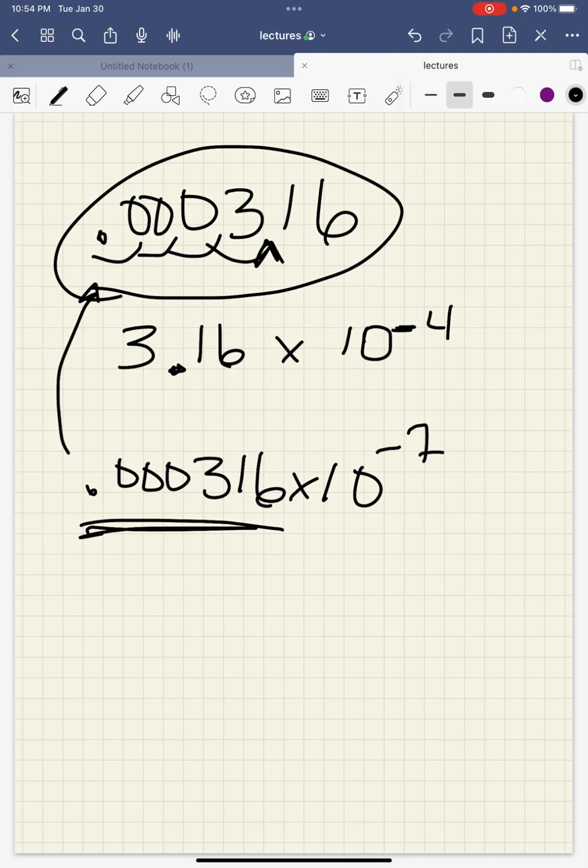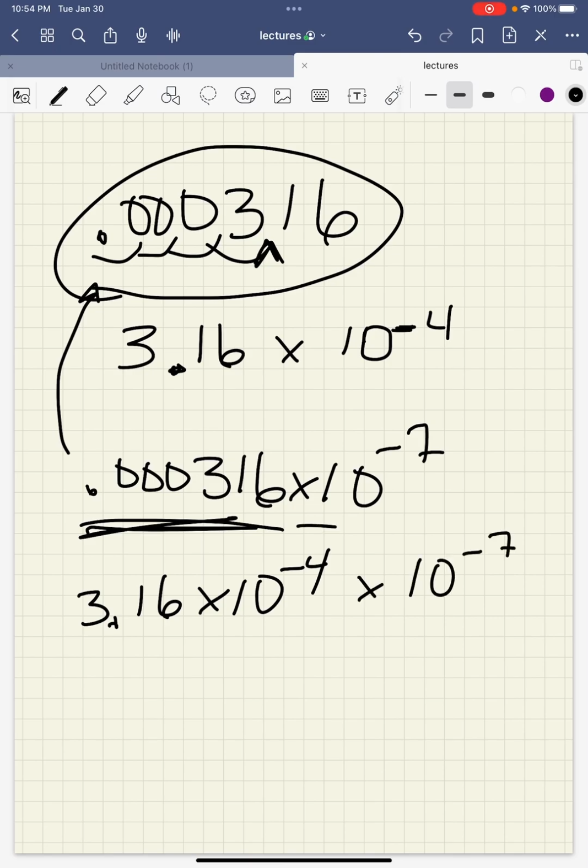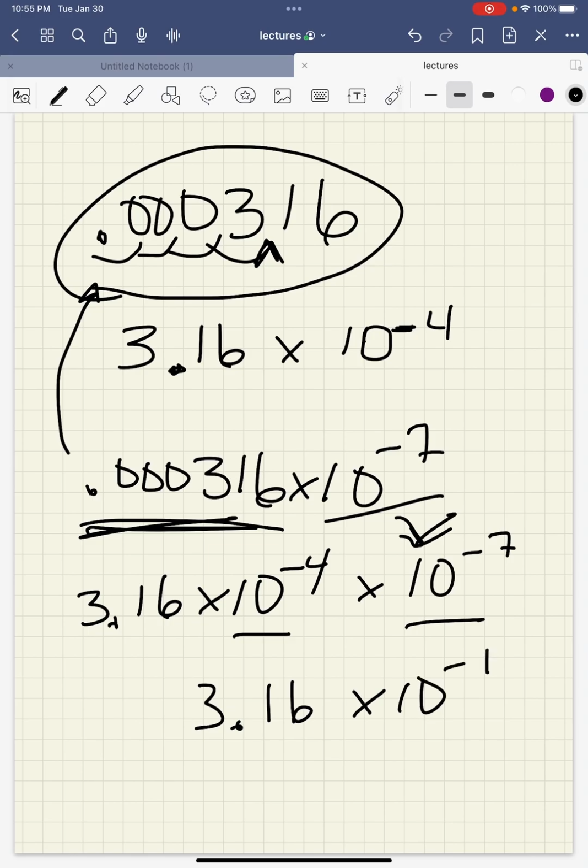So this number by itself is 3.16 times 10 to the negative 4, and then times this 10 to the negative 7. All right, well, these are both exponents on a 10. So it's like saying x to the negative 4 times x to the negative 7. We can add the exponents on the 10s. So this will become 3.16 times 10 to the negative 11.